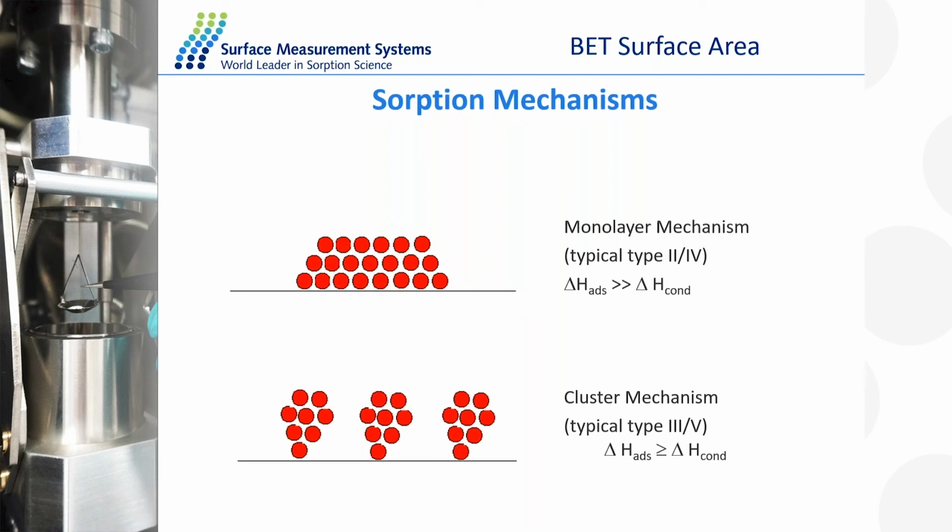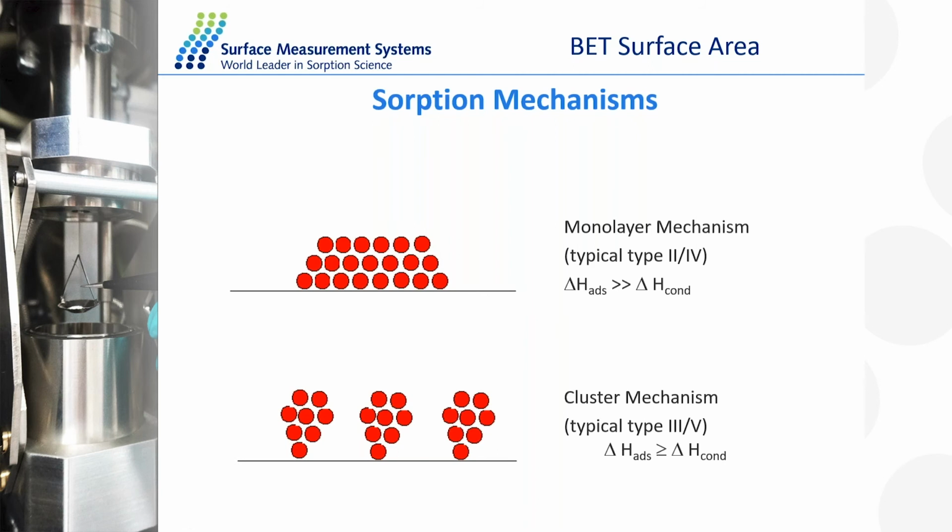So if you think about, for example, a polymer material, it usually does not have a very high interaction with molecular water. Water will rather aggregate and form droplets, because the delta H of condensation is higher than the delta H of absorption when we put water on top of it.